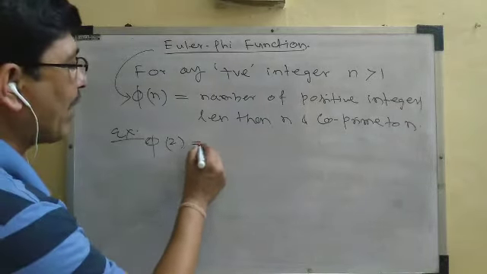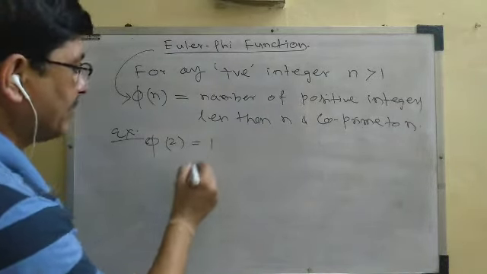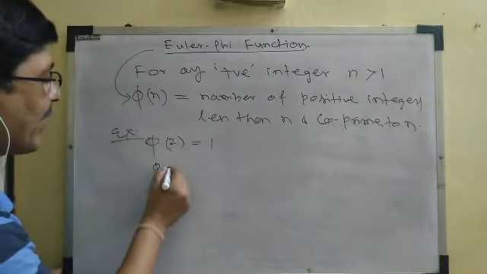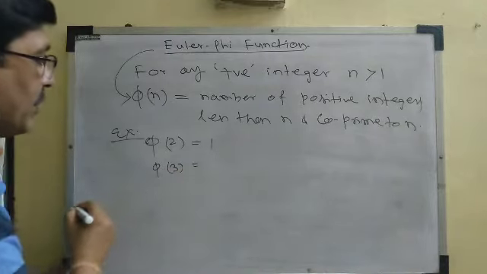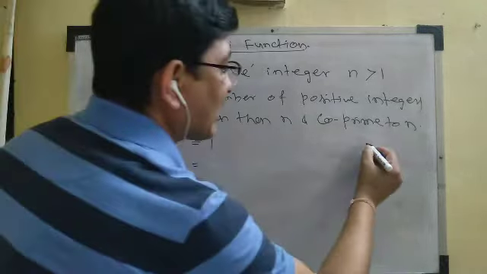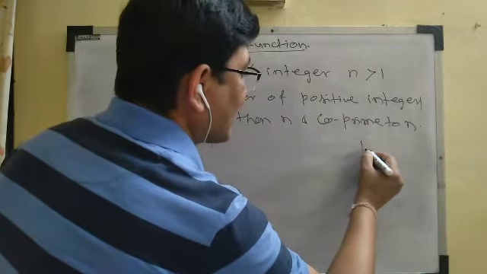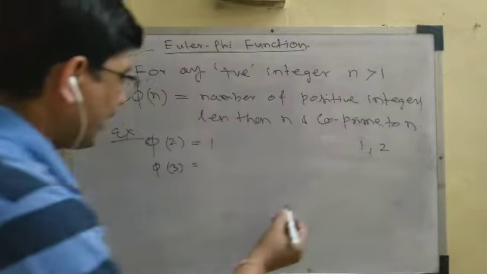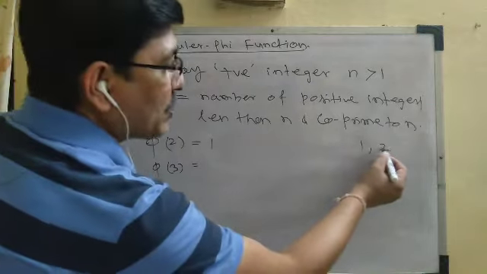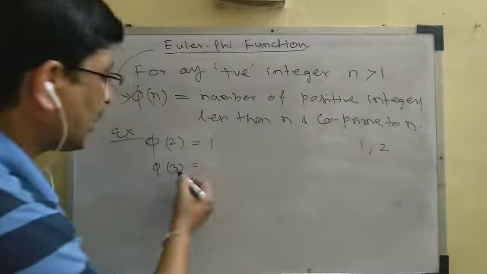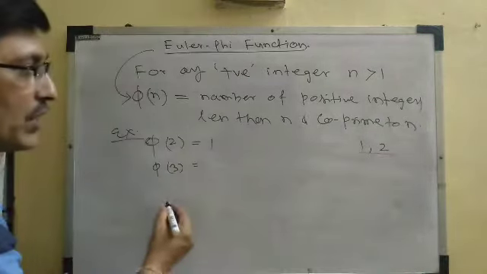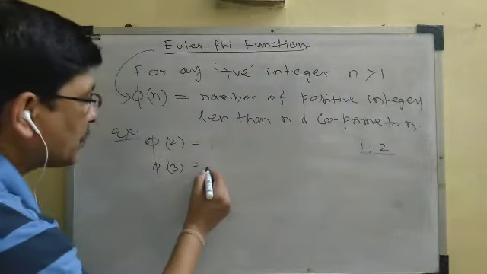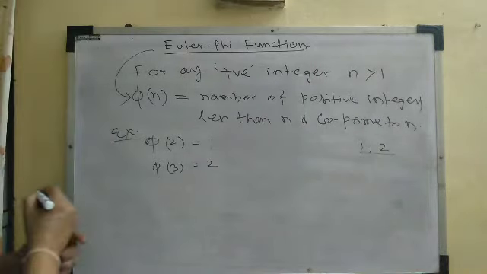That's why phi of 2 is 1. If we find phi of 3, the integers less than 3 are 1 and 2, and both are co-prime to 3. So phi of 3 is 2.